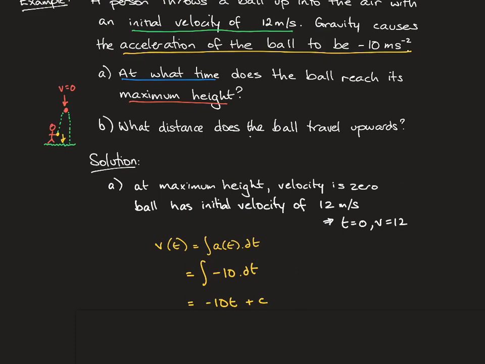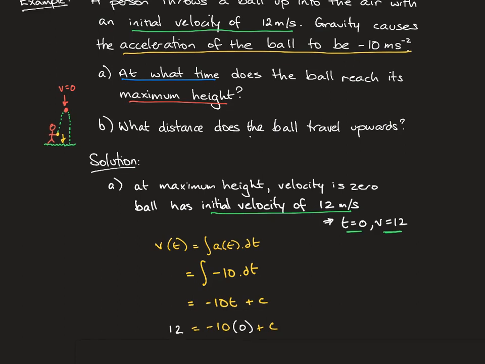To find the value of c, we're going to need to substitute in a time when we know what the velocity was. We know that the ball had an initial velocity of 12 meters per second. That means when t is equal to 0, v is equal to 12. So I can pop those values into my velocity formula.